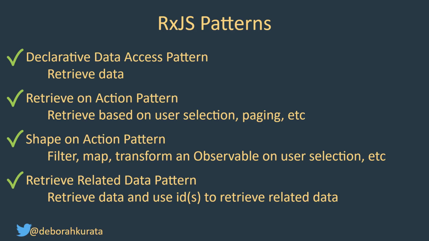And then the last one was retrieve related data pattern. One of the most common uses for that one is to deal with users. So the user logs in, you get the user ID, then you take that ID to get the related data, their posts or their customers or their orders or whatever having to do with that user. In that case, it would be one user ID getting all the data for that. Or in our example, we had multiple IDs.